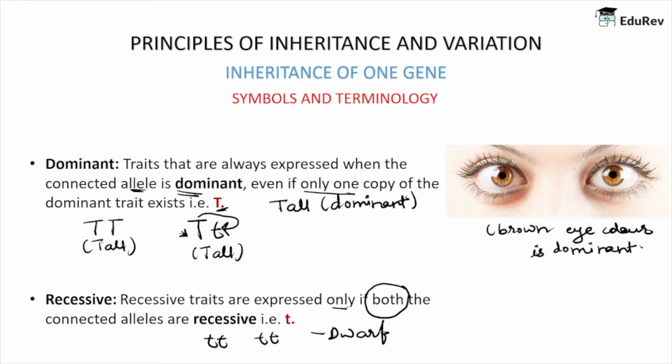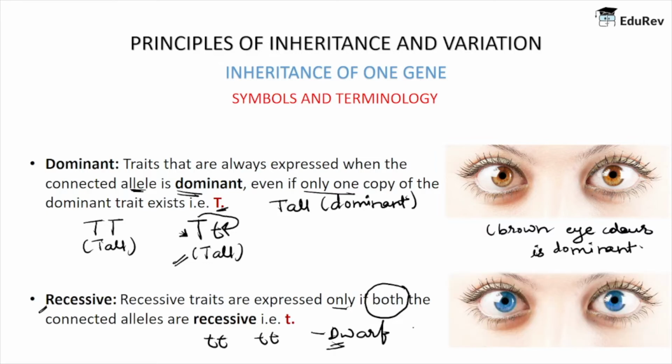Unlike the dominant traits, in which if the alleles are capital T and small t, a person will be tall, in case of recessive, only small t should be there for a person to become dwarf. In case of eye color, the blue eye color is recessive. So we have seen two traits: tallness and eye color.